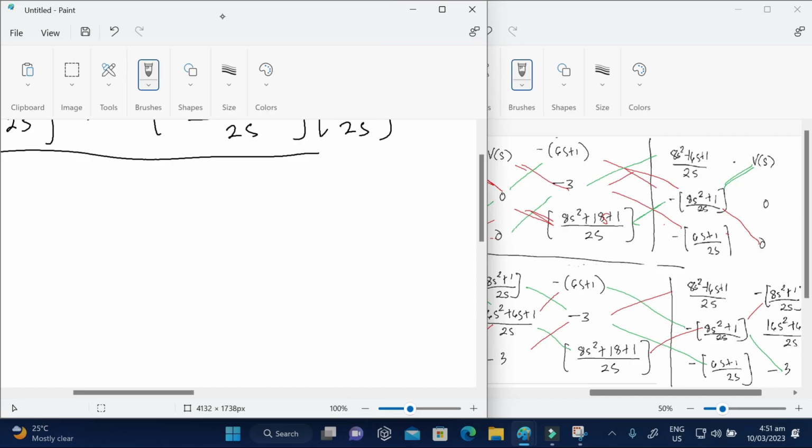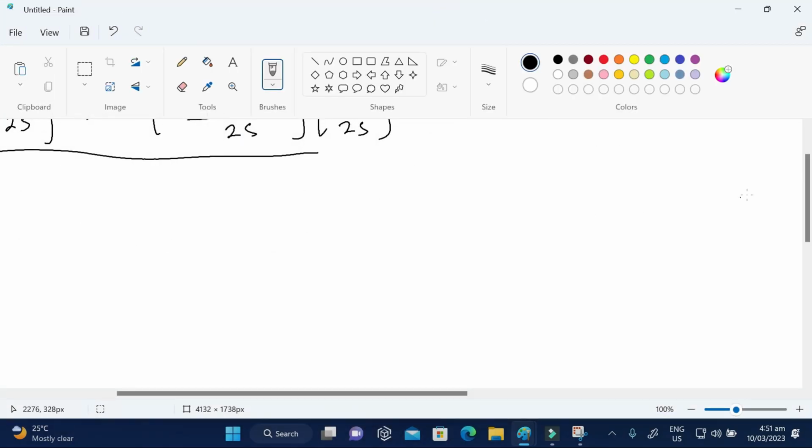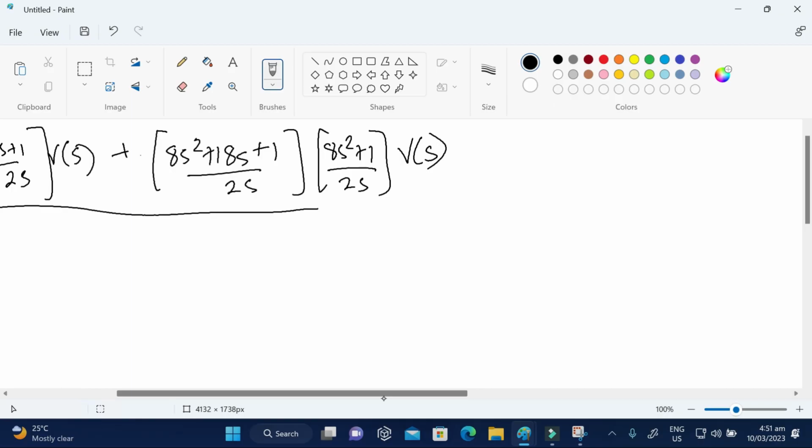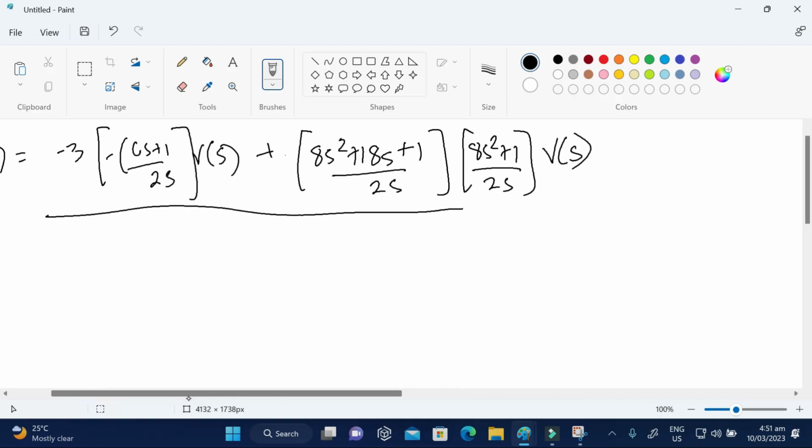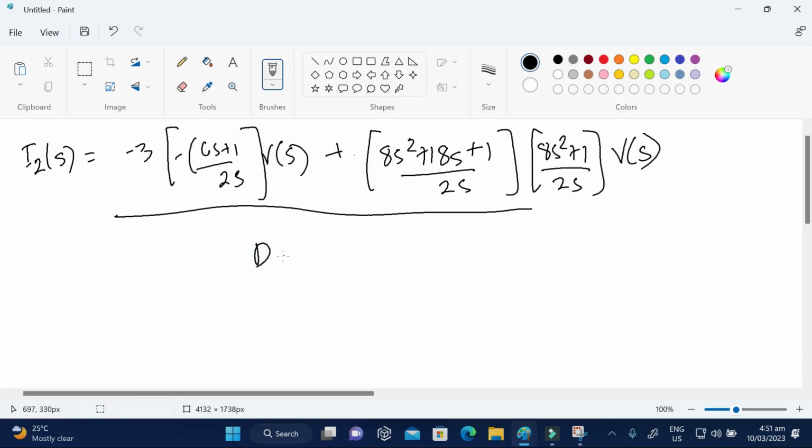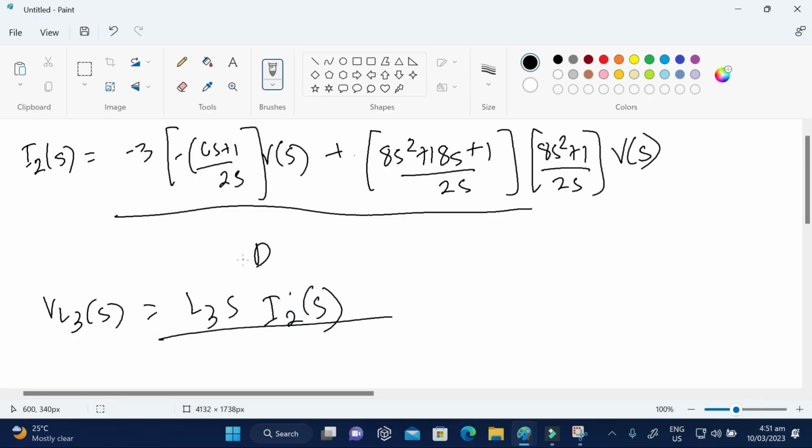So, mapapansin mo, si I2 ay expressed in terms of VS. Okay? Tapos, kunin nyo yung denominator. Okay? Tapos, si VL3S ay equal to L3S times yung I2 of S. Okay, no? Divided by VS. So, L3S is 4S. No? Multiply nyo ng I2. Okay?